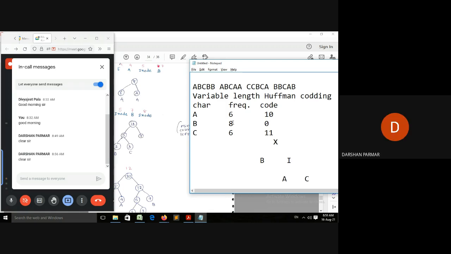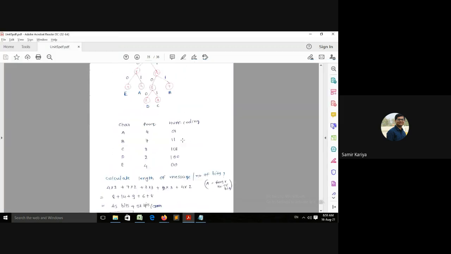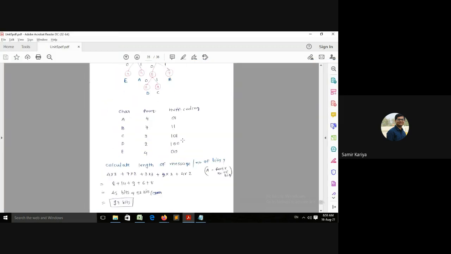Sir, can you explain how to calculate the bits once? Okay, let's see. This is your table, the character, frequency as well as Huffman coding. Now see, for each and every character the length is variable. That means there is no fixed length.